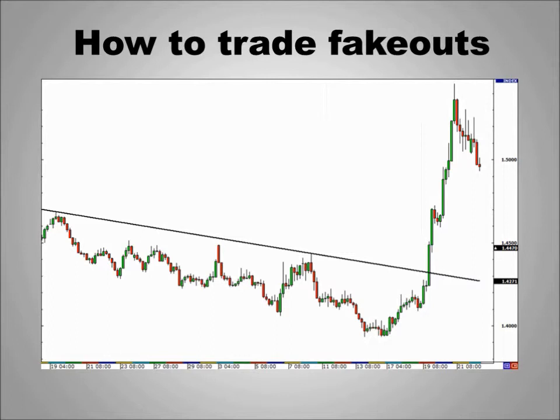Because if we jump into the market as soon as one of the lines of resistance or support has been breached, then we might be making the wrong decision. So when we see a break in the trend or a break in the lines of support and resistance, be patient, wait, see what happens after that breach.